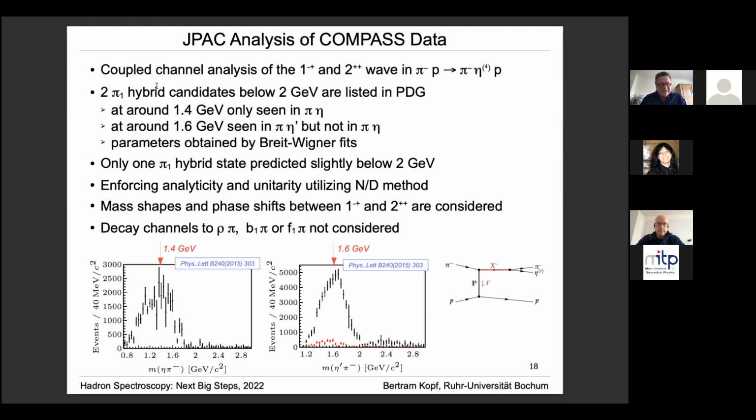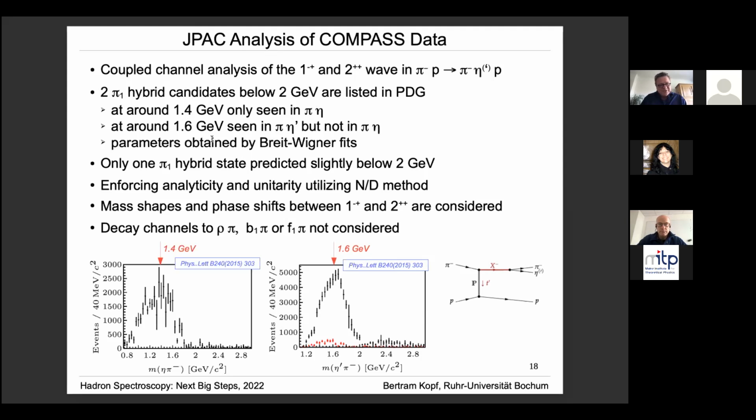So in the PDG, there are in principle 2 pi1 hybrid candidates listed below the mass of 2 GeV, namely one at 1.4 GeV, which has only been seen in pi eta, and one around 1.6 GeV, which has been seen in pi eta prime, but not in pi eta, and also in some other channels like rho pi, b1 pi, or f1 pi.